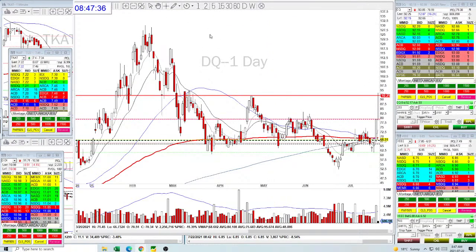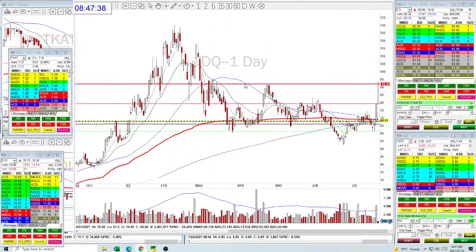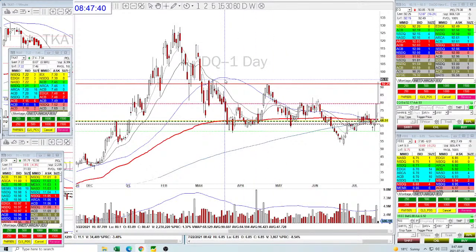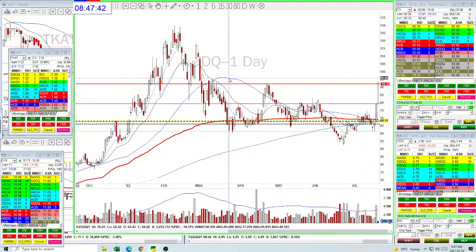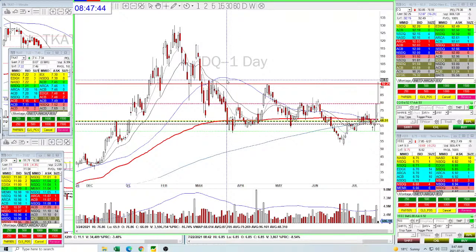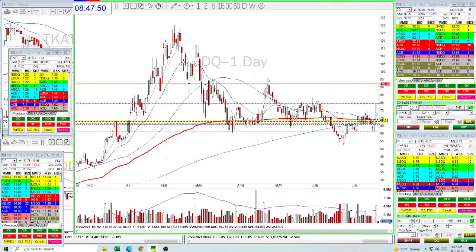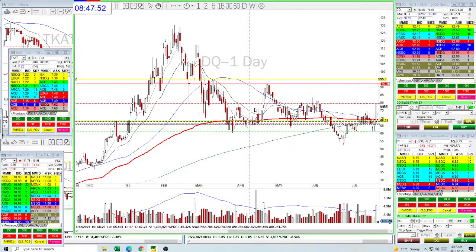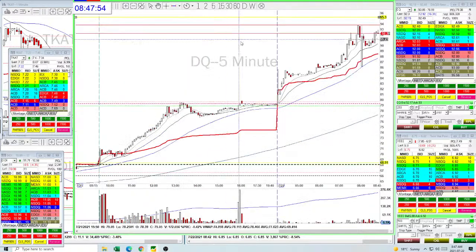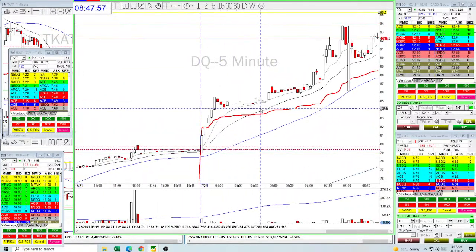Now let's look at the intraday. Clearly, we see that the 92-ish area is resistance for us, and 95. Now let's look at the intraday to see if we can find some support and resistance.